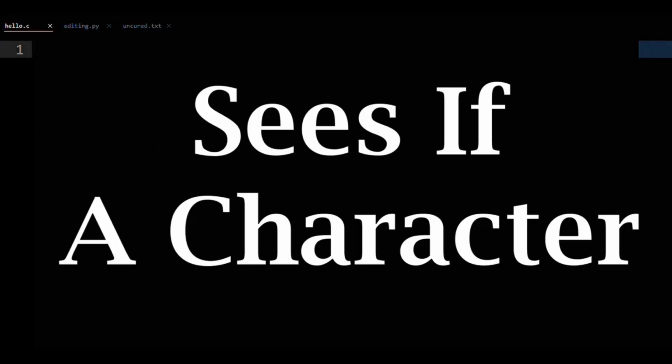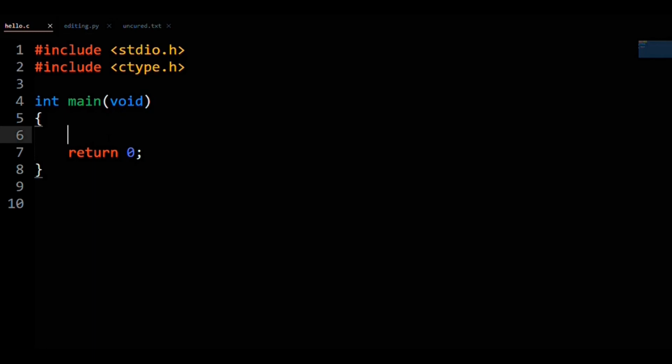isUpper in C sees if a character is uppercase or not. Let's set up some code so you can see the functionality of isUpper. We will have a char array of 3 characters, so char chars[3] equals the array containing lowercase q, capital Q, and the number 1.